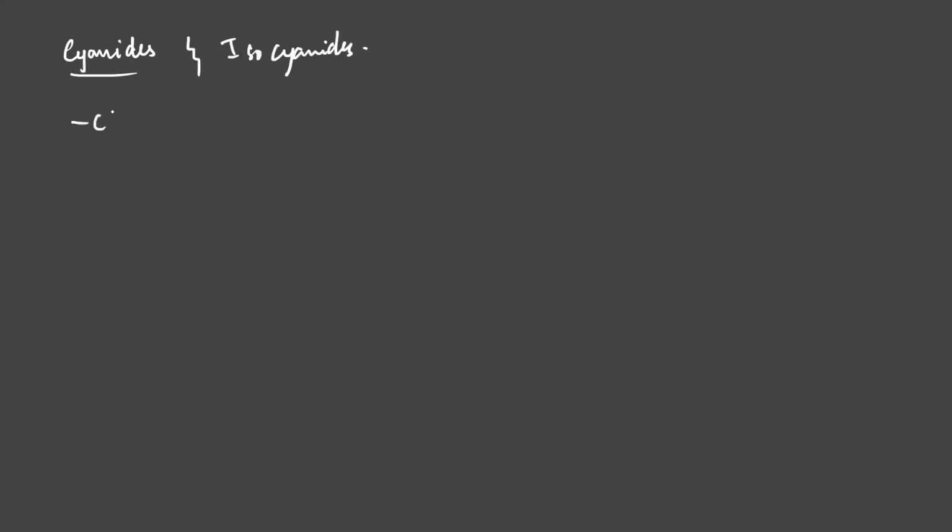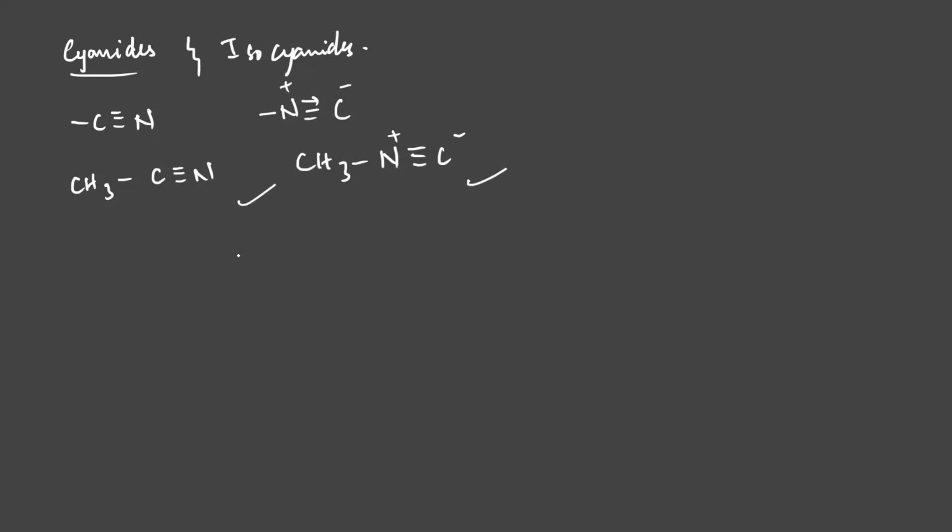Cyanides are C triple bond N, and isocyanides are N triple bond C. Let's take an example: ethyl nitrile, CH3-C triple bond N, and methyl isocyanide, N triple bond C, with a plus and a minus charge. So cyanides and isocyanides also show functional isomerism.